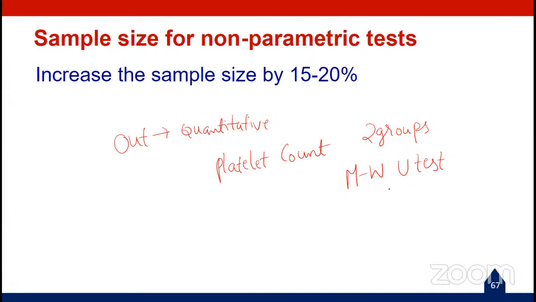You can compute the sample size using the sample size formula for unpaired test and increase the sample size by 15 to 20%. You know that non-parametric tests are less powerful than parametric tests. So you compute the sample size using the formula for unpaired test, and later you increase the sample size by 15 to 20%.